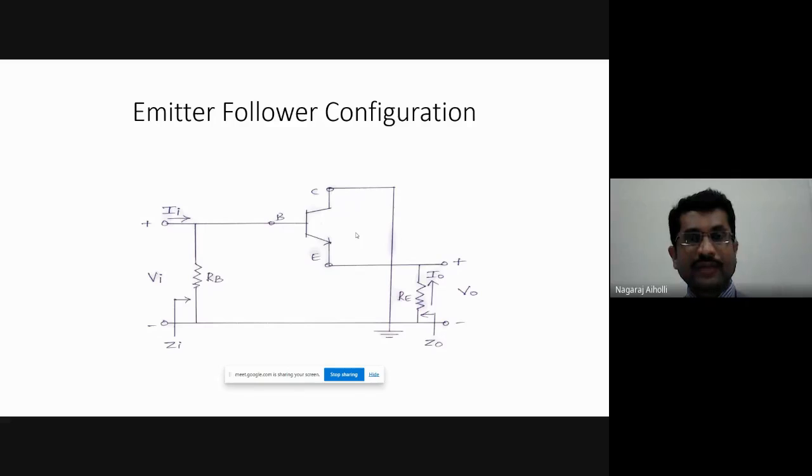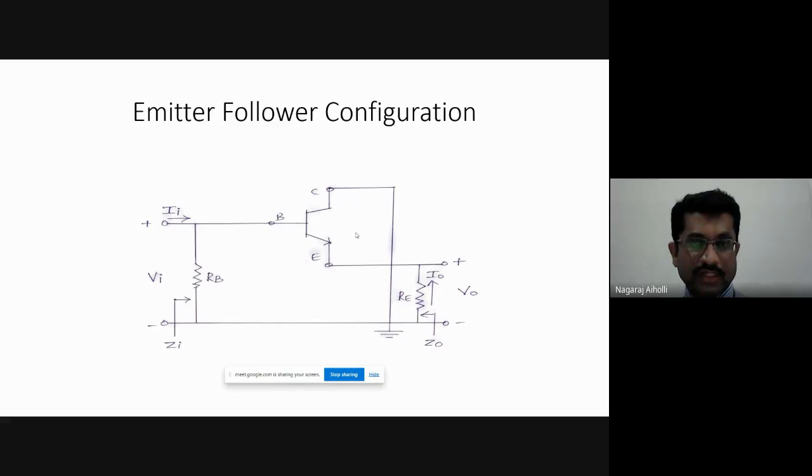Remember, in examination they may ask: explain with a neat circuit diagram the common collector configuration and justify how voltage gain is approximately equal to unity. Or they may ask: explain with a neat circuit diagram the emitter follower configuration and justify how voltage gain is approximately equal to unity.